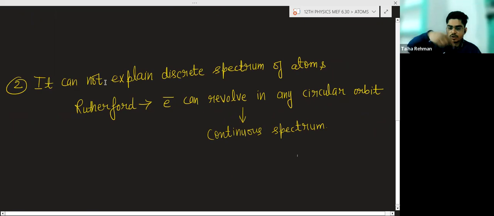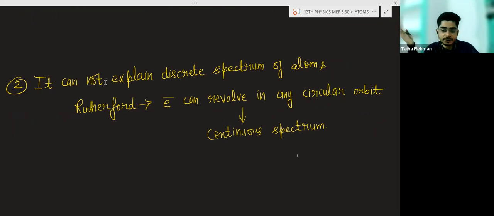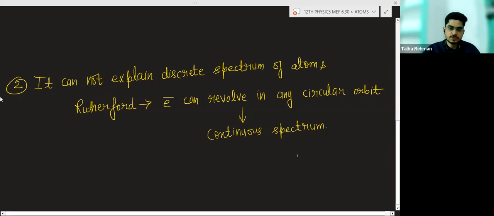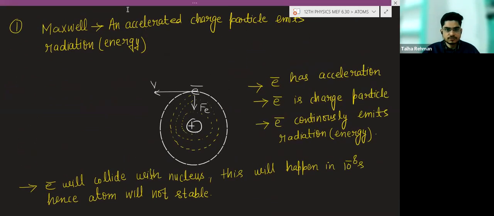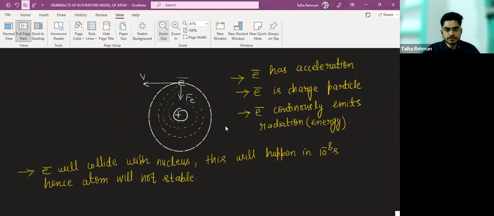If the electron is revolving in all the orbits according to Rutherford, it should have a continuous spectrum, but many atoms have a discrete spectrum. I will explain this in the next class, because this point will come in the next class. So these are the drawbacks of the Rutherford model of the atom.